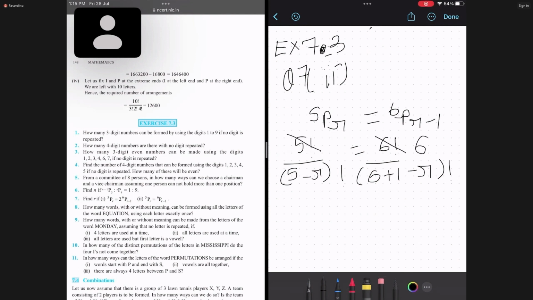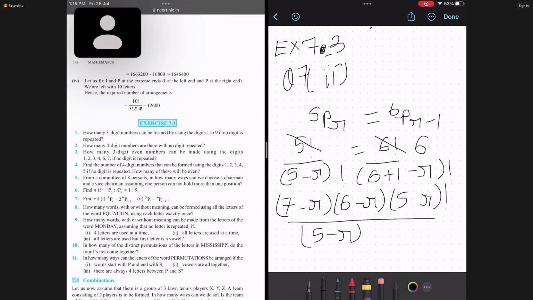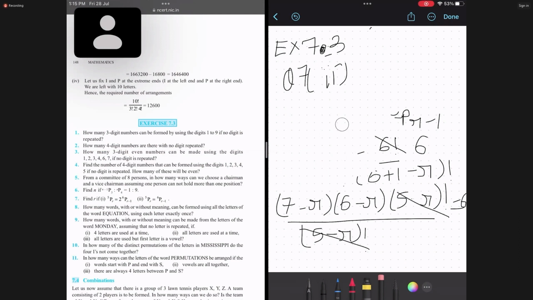Cancelling this out, we have 6, and we have (7 minus r) into (6 minus r) into (5 minus r) whole factorial upon (5 minus r) factorial is equal to 6. This has been the same procedure that we followed in the first question as well, and we are going to solve this as well.